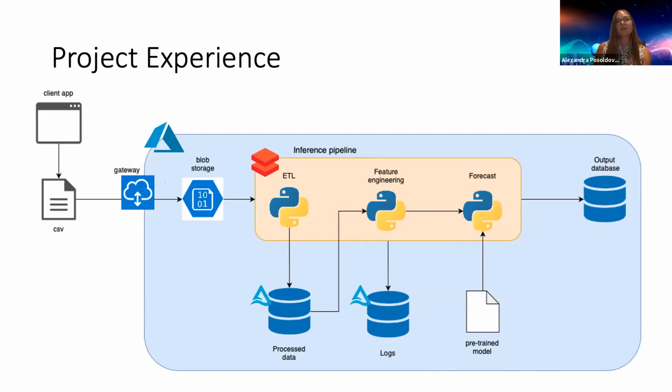So this is the production pipeline, how the model is running in production, but during development, development was also done in Databricks, and there would be multiple Jupyter notebooks with different models being trained with different settings.